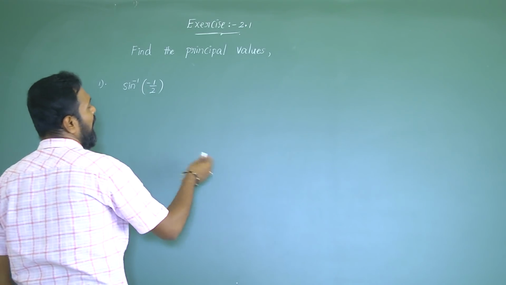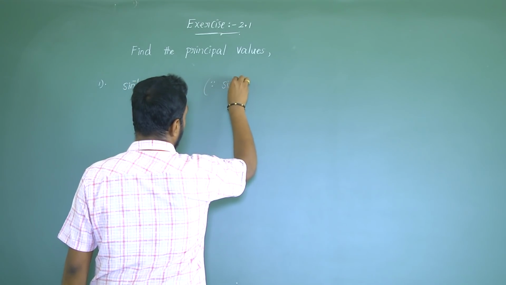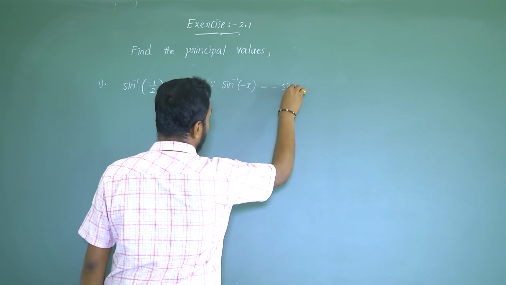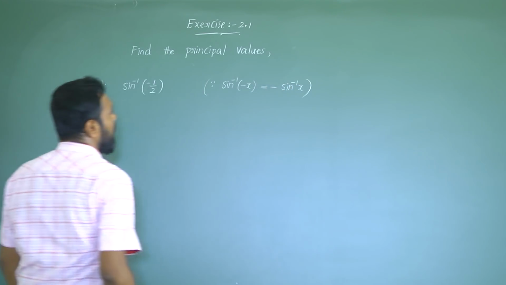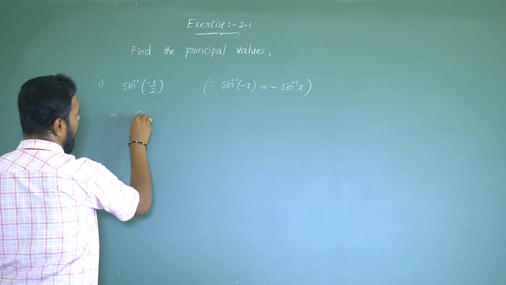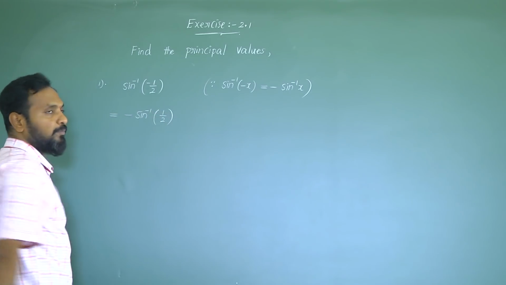What is the formula for sine inverse of minus x? Minus sine inverse x. So sine inverse of minus 1 by 2 I can write as minus sine inverse 1 by 2.